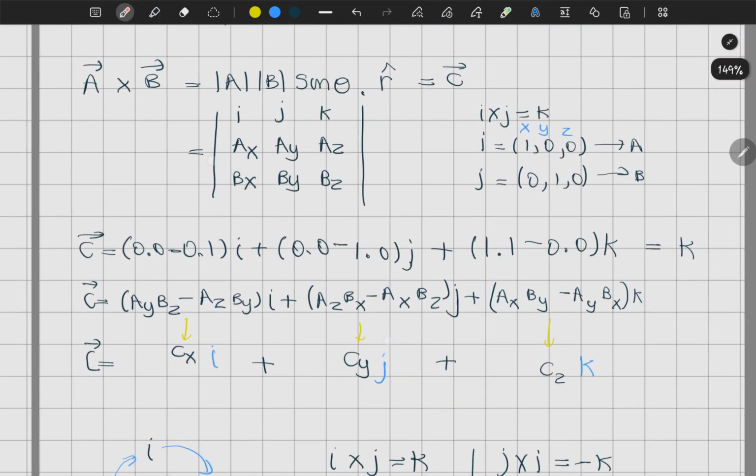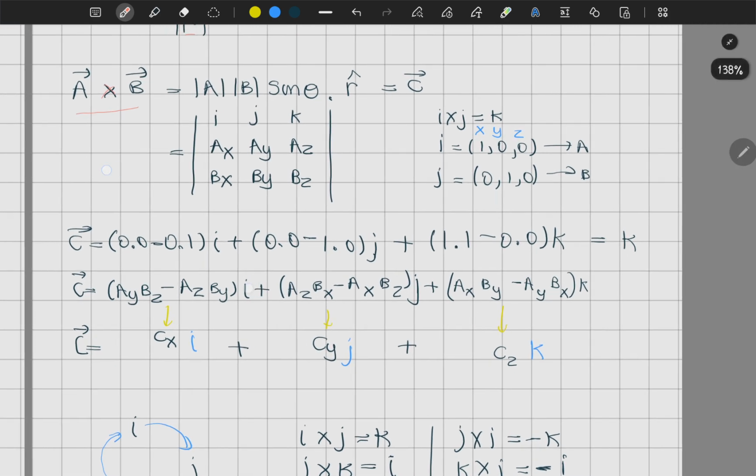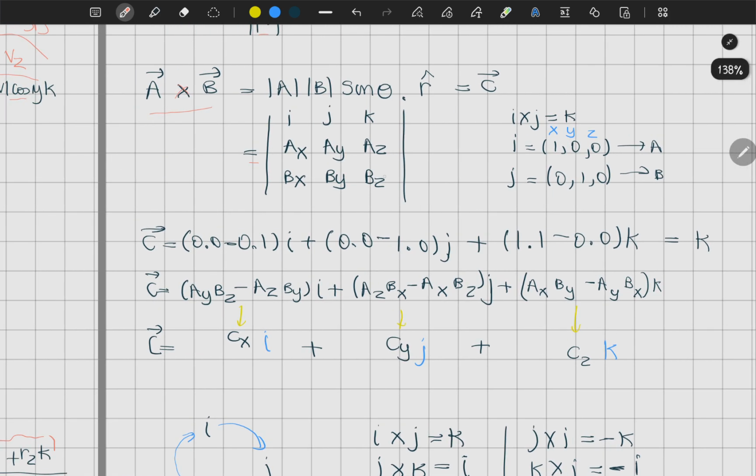Let's see this section. This is where you can see the cross product. This cross product, you could also represent using this matrix. Okay, where you put ax, bx, ay, by, az, bz. This is a cross product you see represented with i, j, k.